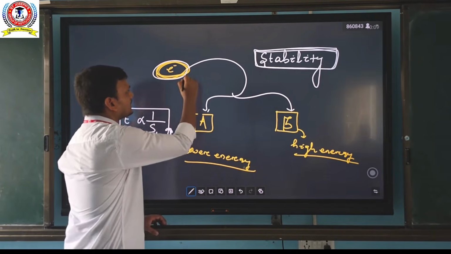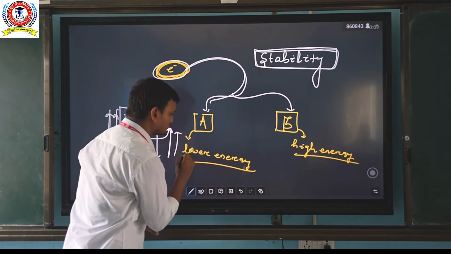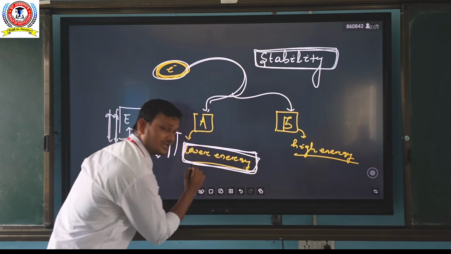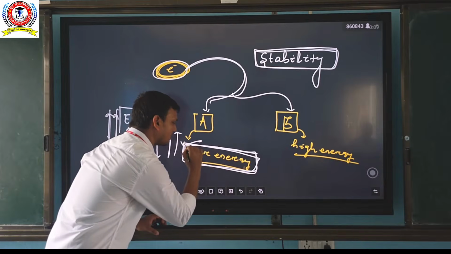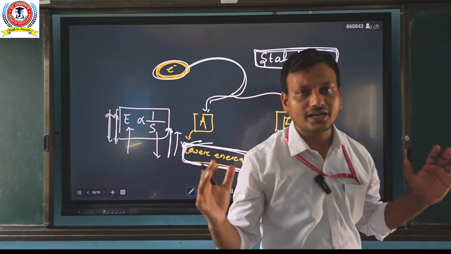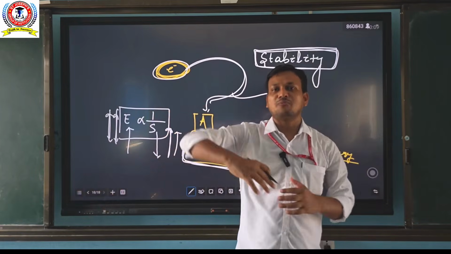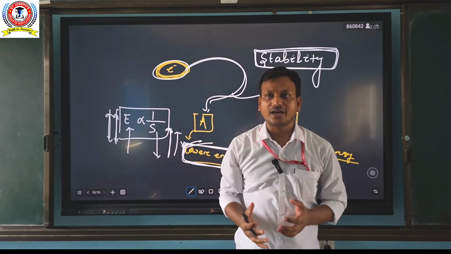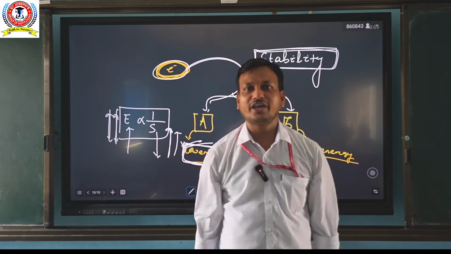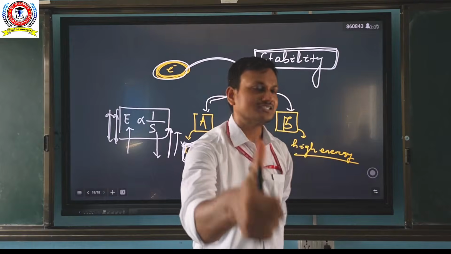That means when an electron comes, it chooses the lower energy place, because when the energy is lower, stability is more. When energy is higher, stability is lower, and everybody wants to stay in stable form.